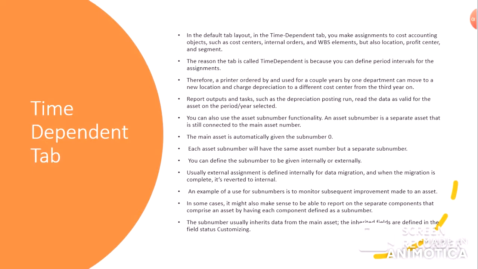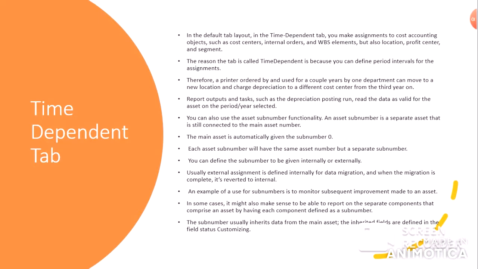When we are doing data migration projects, we use the external number range because we have to use exactly the same numbers which we used in the legacy system. So we use external, and once it is done, we change it to internal. An example of a use for subnumbers is to monitor subsequent movements made to an asset.